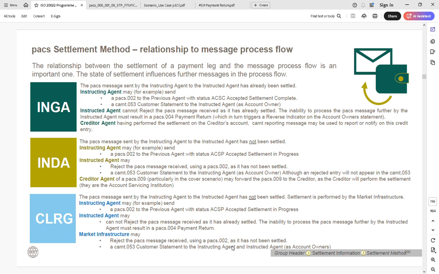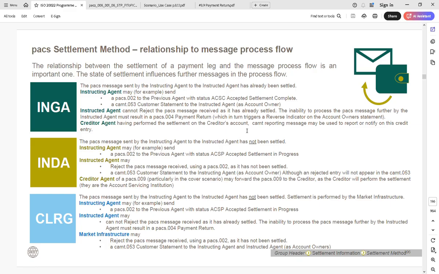So I am now just referring back to our method here. Those are the methods which we can use for settlement. For your understanding, if somebody asks you what are these methods, I know four settlement methods are there.